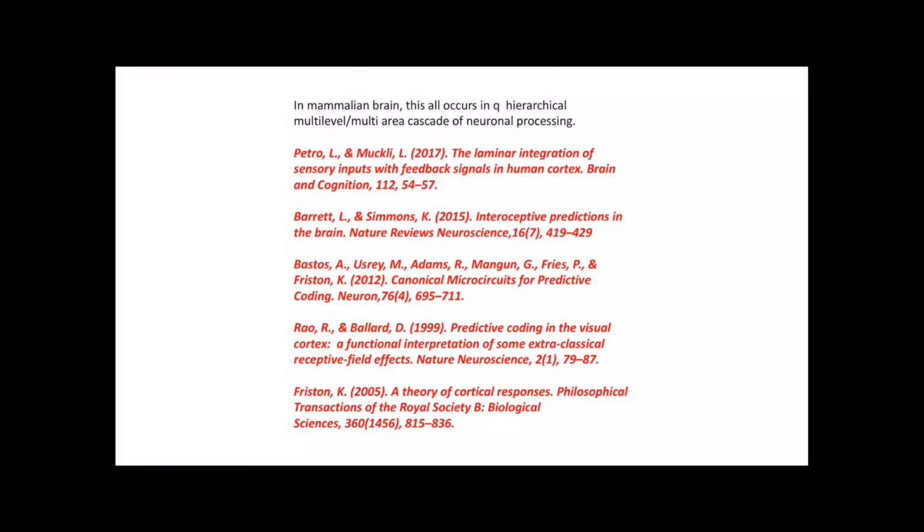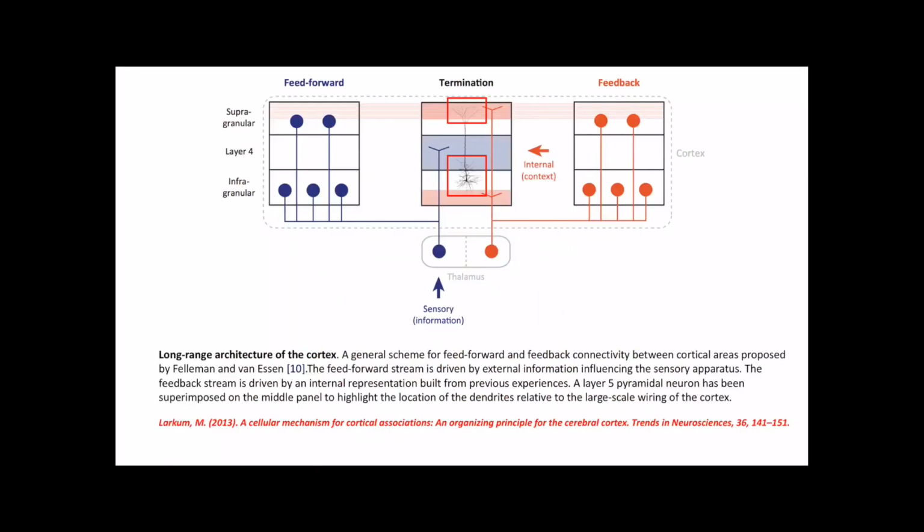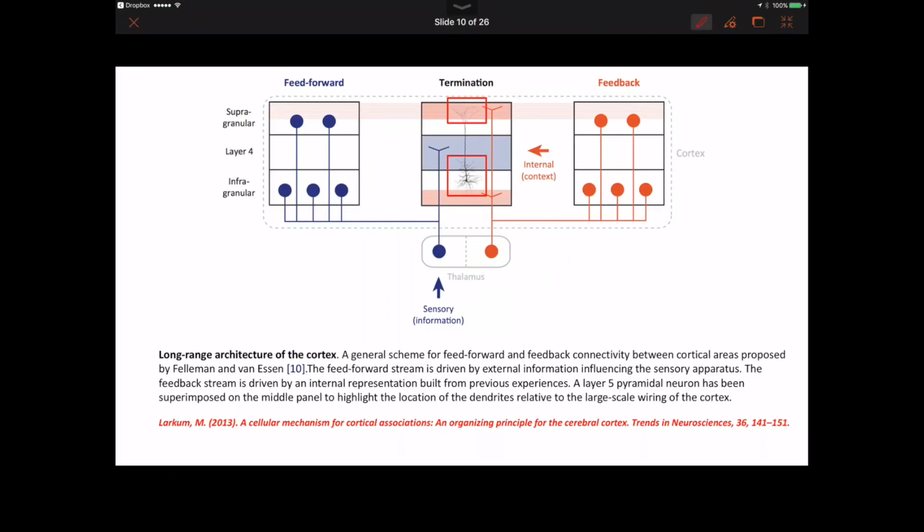Now let's look how this is implemented. By the way, here are some of the references that you can click on, which will pop up the original PDFs. Now let's look at some ideas as to how this is implemented in the brain, in the cortex, at the neuronal level. So here we have our trusty pyramidal cell in layer 5. And you can see the pyramidal cell really has two aspects to it.